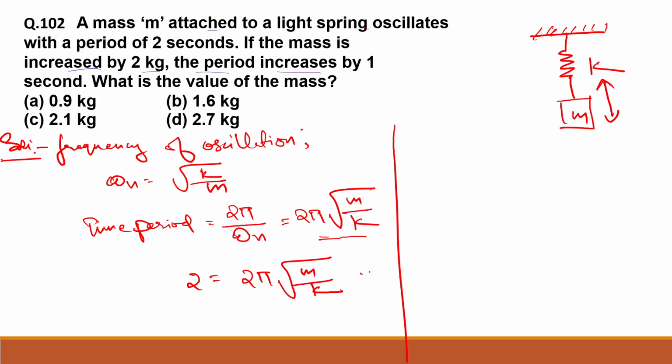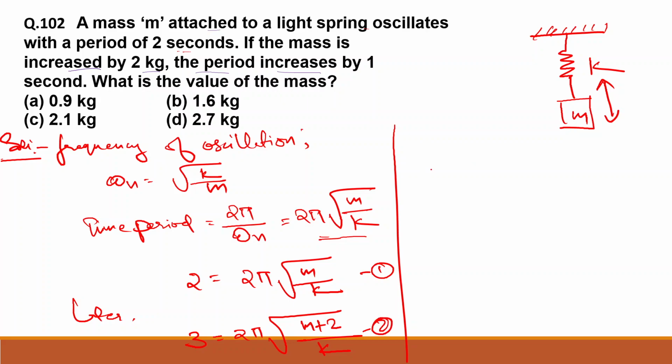I will consider it equation 1. After that, with the mass increased, 3 is equal to 2 pi root over of m plus 2 upon k. This one will be equation 2.